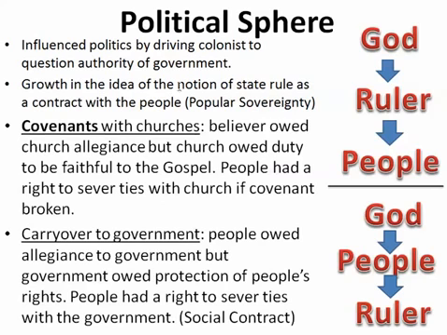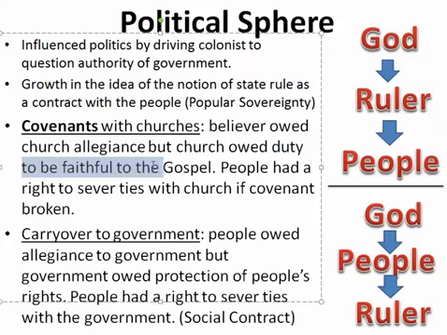So let's look at this. We talked about covenants, and in the church, the covenant between the church and the believer was that the believer owed the church allegiance, but that the church also owed this duty to be faithful to the gospel or the word of God, and people had a right to sever ties with the church if the covenant was broken.